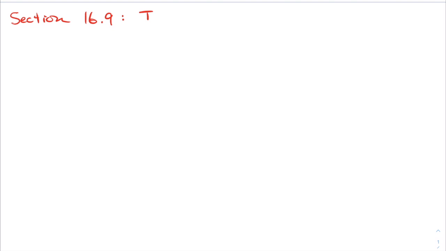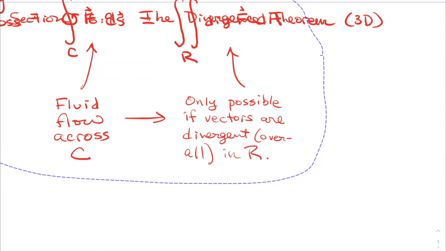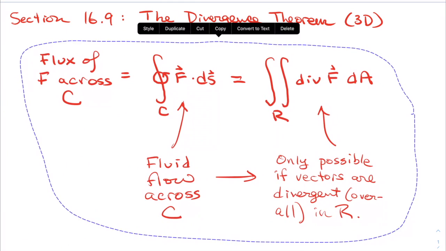It's the divergence theorem. And this will be a 3D version of it, but we'll paste in the 2-dimensional version like that.